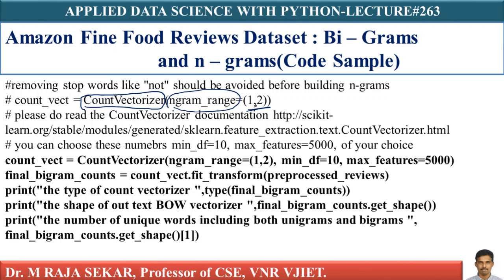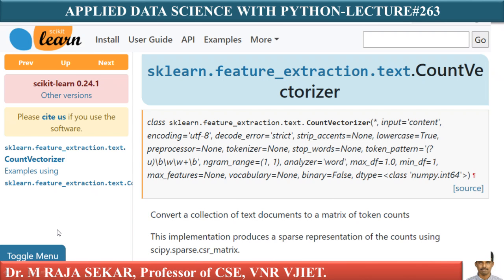Let's go to the definition for count vectorizer. I told you that I will explain what is n-gram range. This is the documentation. I am requesting you to go through this documentation.